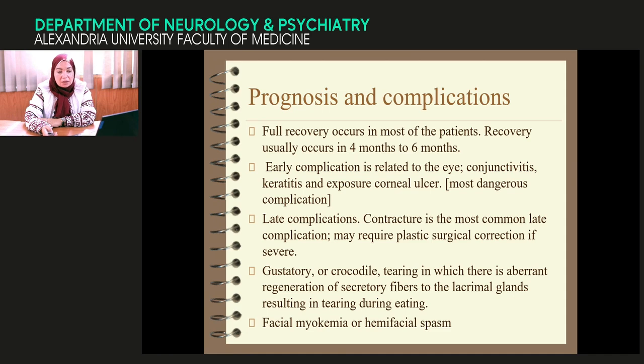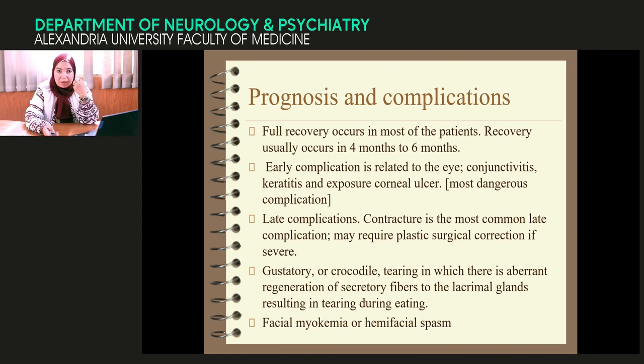Late complication, like contracture, is the most common late complication, contraction of the muscles itself. It will be fibrosis of the nerve, and may sometimes require plastic surgical correction if severe. May also have something called gustatory or crocodile tearing.